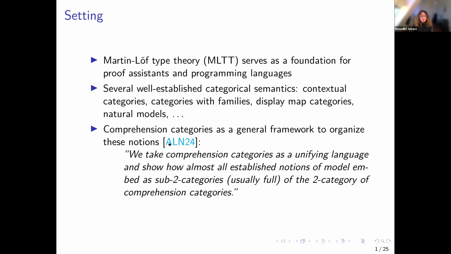In a different work with Peter Lumsdaine and Paige North, we have identified the two categories spanned by these other notions, contextual categories and so on, as sub-two-categories of the two-category of comprehension categories.